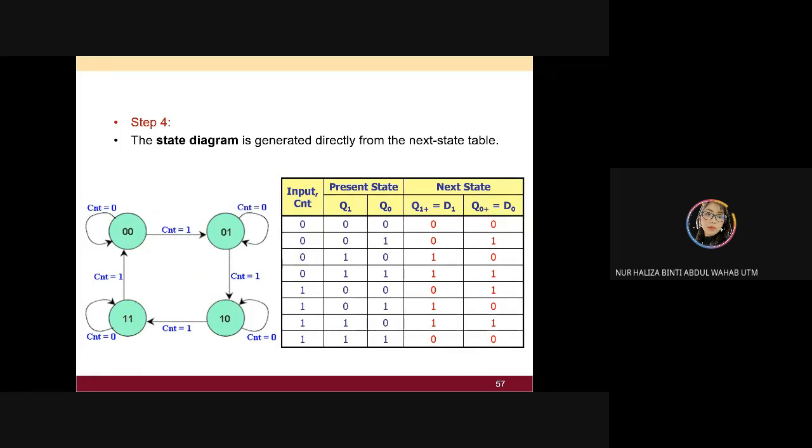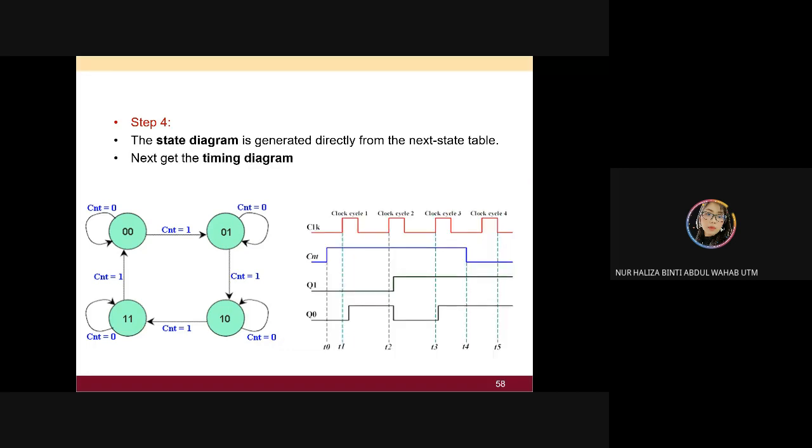This one, of course, is much more beautiful. You have already finished all four steps. And lastly, if needed, sometimes they provide you with a timing diagram, so you can answer it following the values. Of course, the CNT will be given and the clock will also be given.